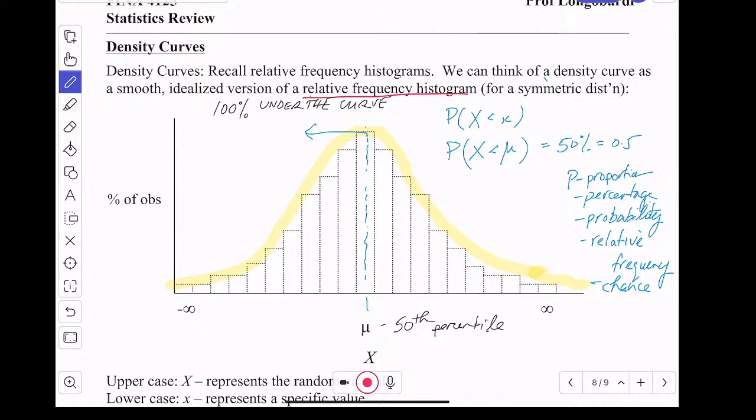So if you know that here 10% of the observations are smaller than X star, what do we call X star?